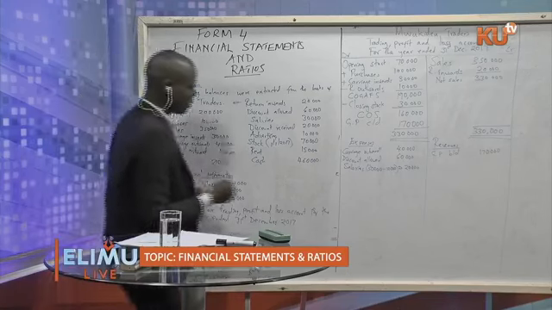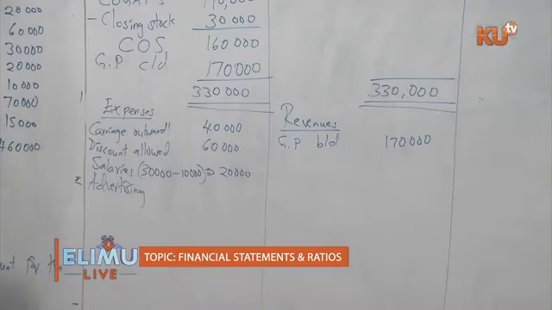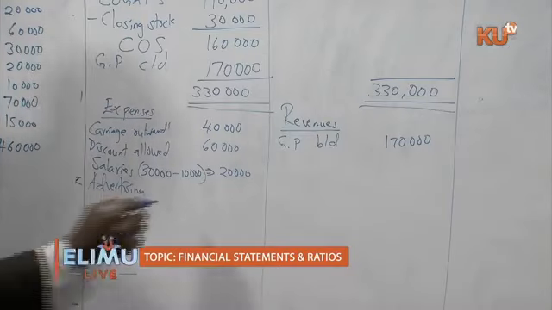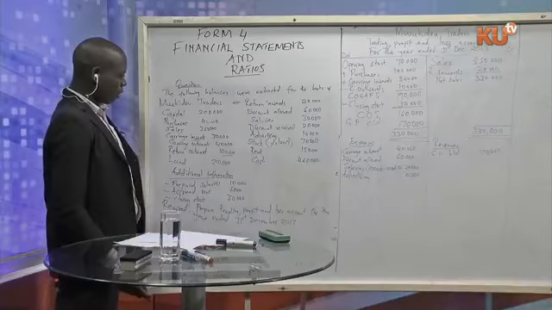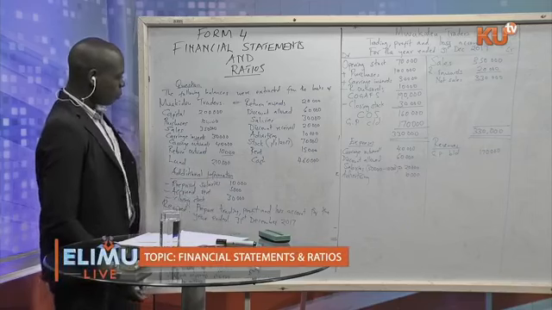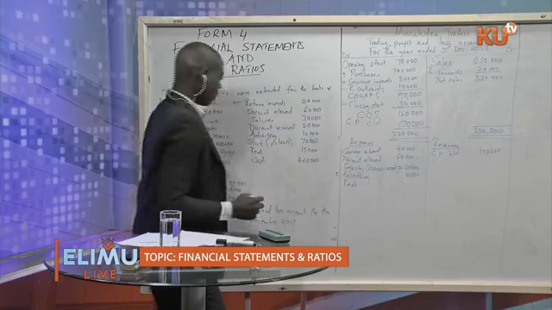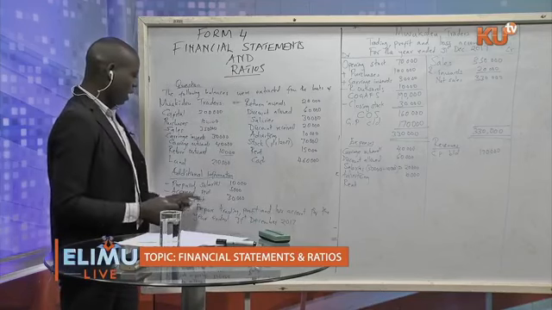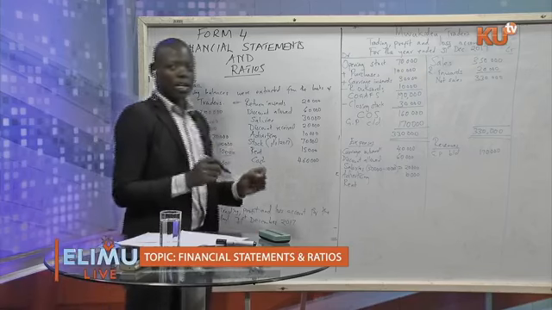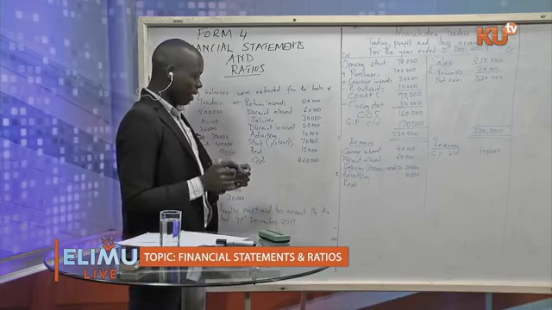Let's go to the next, advertising. Our advertising figure is 10,000, so we record 10,000. Stock is an asset, so we have already captured it also. With rent. Rent is also adjusted because we have accrued rent of 5,000. We said when you see accrued or due or outstanding, it means the same.